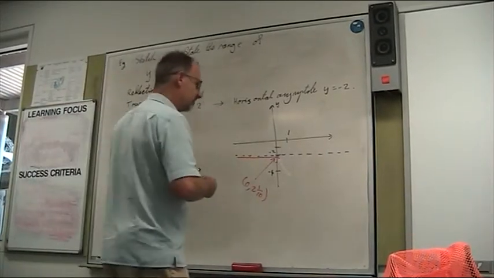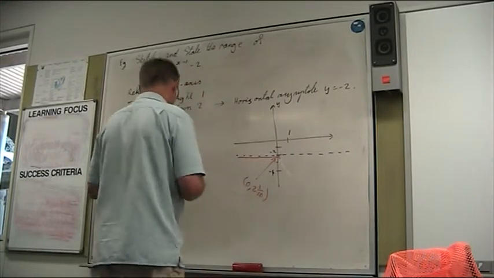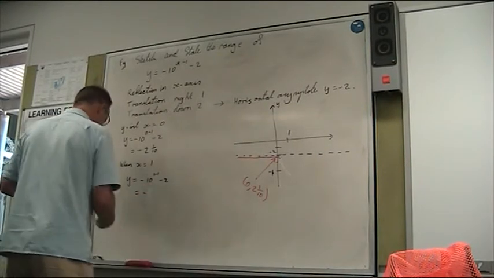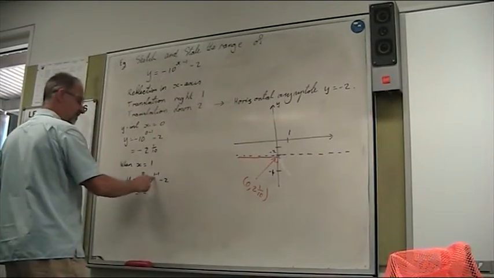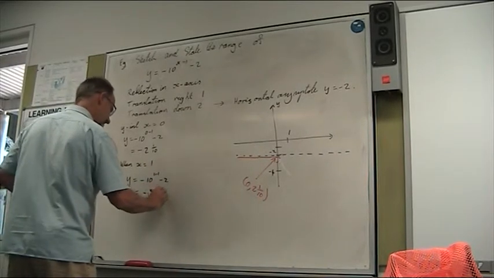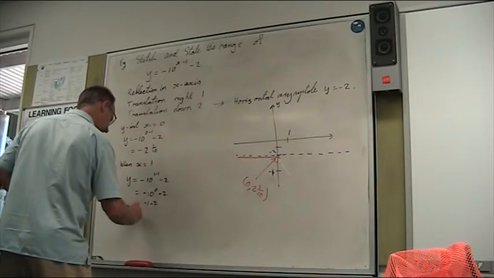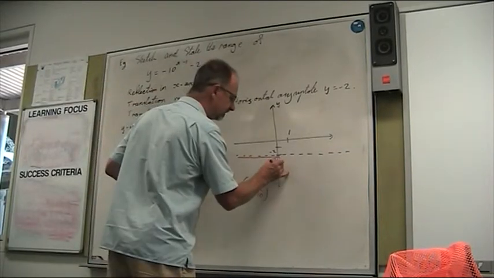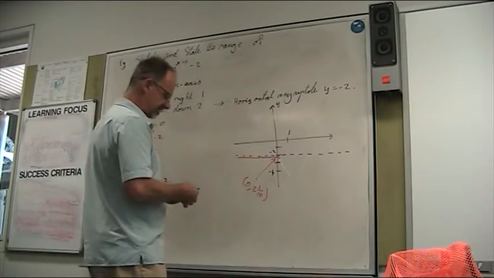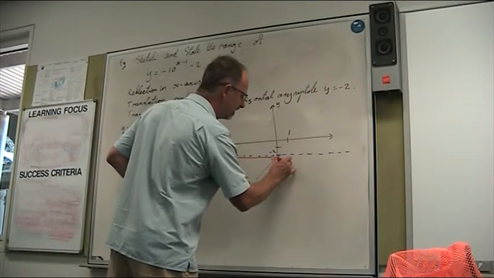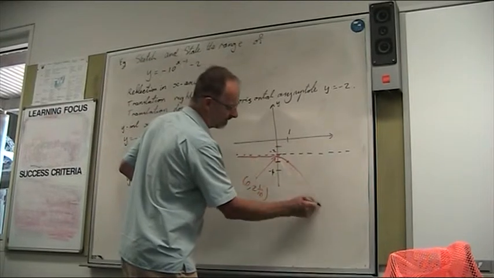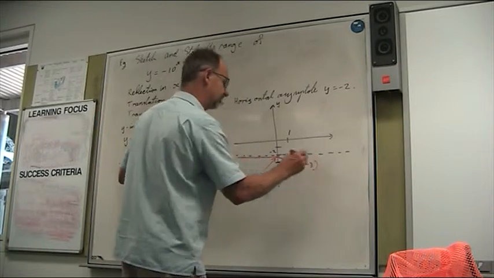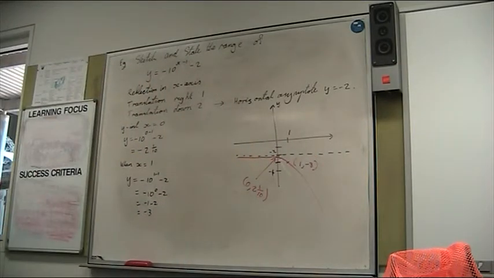This is negative 1, 10 to the 0, because anything to the 0 equals 1. Negative 3, that makes more sense. So it is negative 3, so it goes through. So it swings around like that. And there it is. Done.